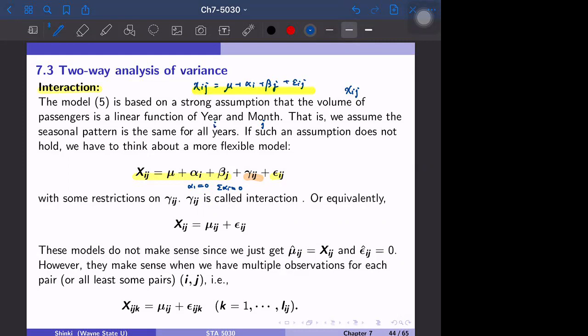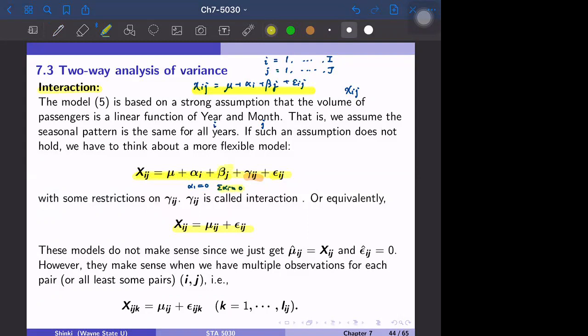But obviously, this model does not work if we don't have enough observations. In the last example, we have i equal to 1 to capital I, and j equal to 1 to capital J, and we assumed that there is only one observation for each pair ij. In such a case, this model is basically the same as x_ij equals mu_ij plus epsilon_ij, if we drop all conditions on alpha_i, beta_j and gamma_ij.